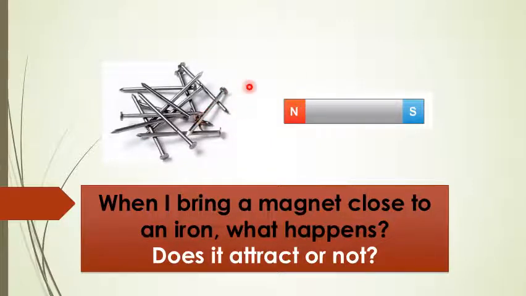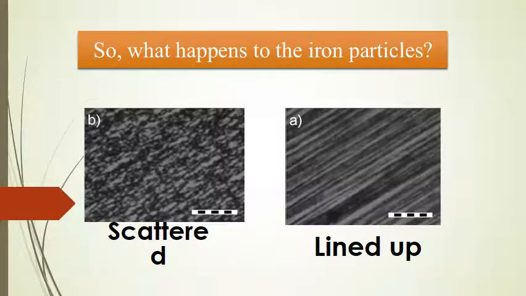It will get attracted to the magnet, of course. What happens to the iron particles is very weird, and this happens due to the magnetic force that the magnet applies to the iron nail.